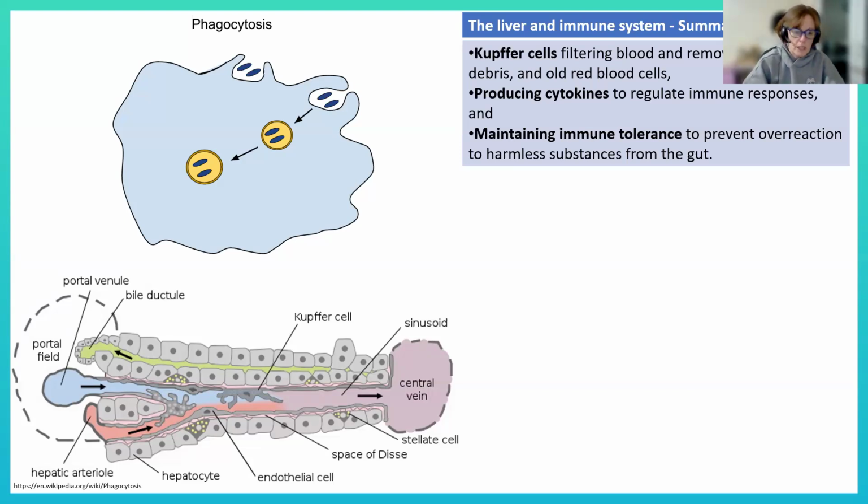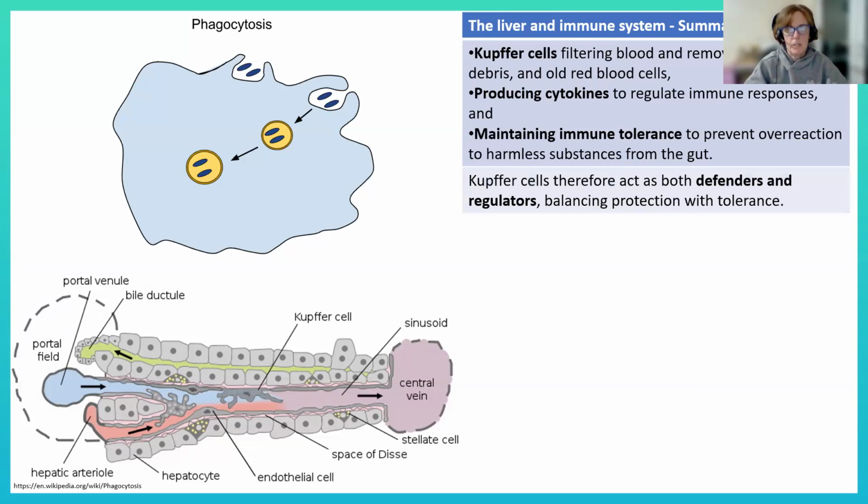They produce cytokines which will determine to a certain extent how the immune system is triggered, and they help to maintain immune tolerance as well, so we don't overreact and start having allergic reactions almost to other things in the gut. So they're both defenders and regulators, and that regulator role is very, very important.